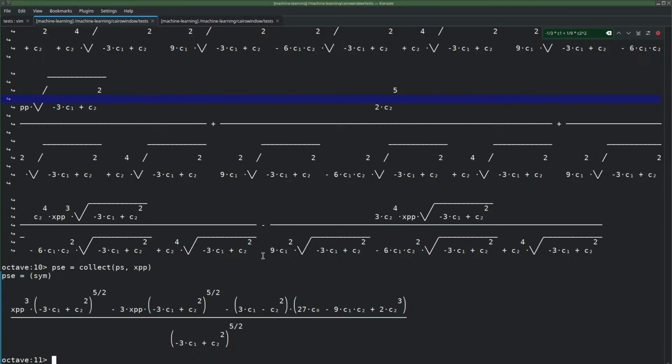Okay, that should, I don't know, let's do something like the constant term. Can I do capital C as a different thing? Substitute, and then this thing where we substitute XPP with 0.